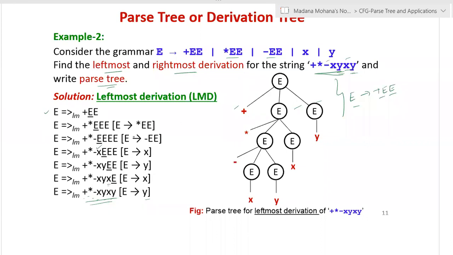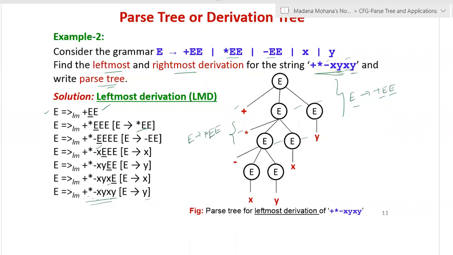So now this is the first step. In the second step, the leftmost E is replaced by asterisk EE. This is obtained by using the production E derives asterisk EE.